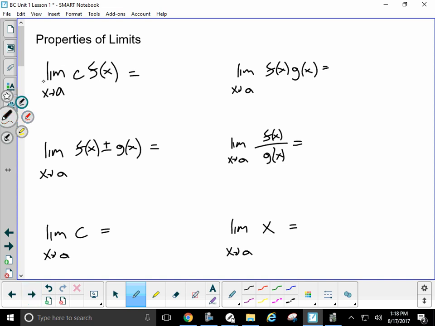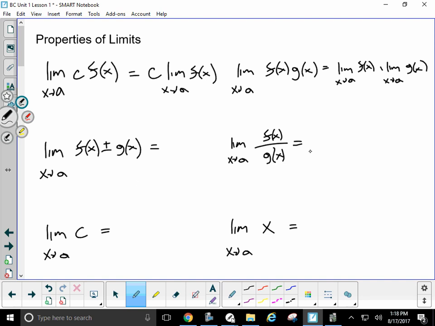First thing, if we have a limit as x approaches a value of a constant times a function, you can actually pull out that constant and multiply it by the limit of the function, if you know that. If you're trying to find the limit of two functions being multiplied by each other, you can just take the two individual limits and multiply those. Very intuitive.